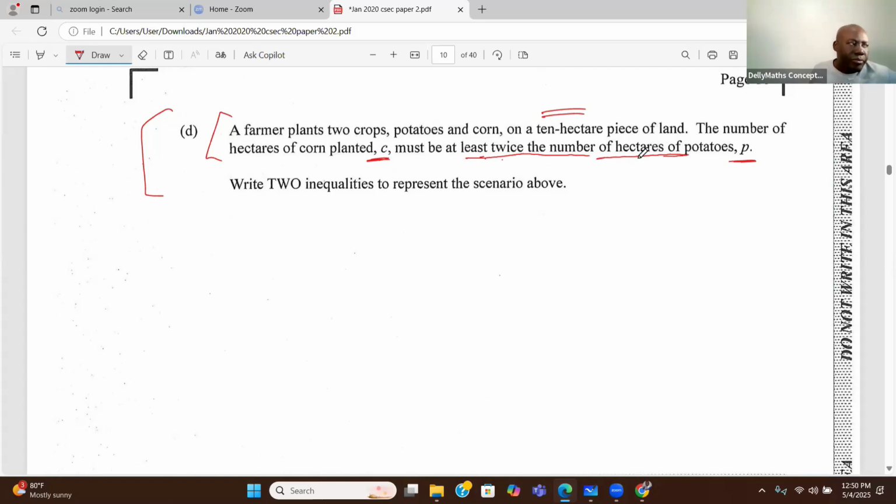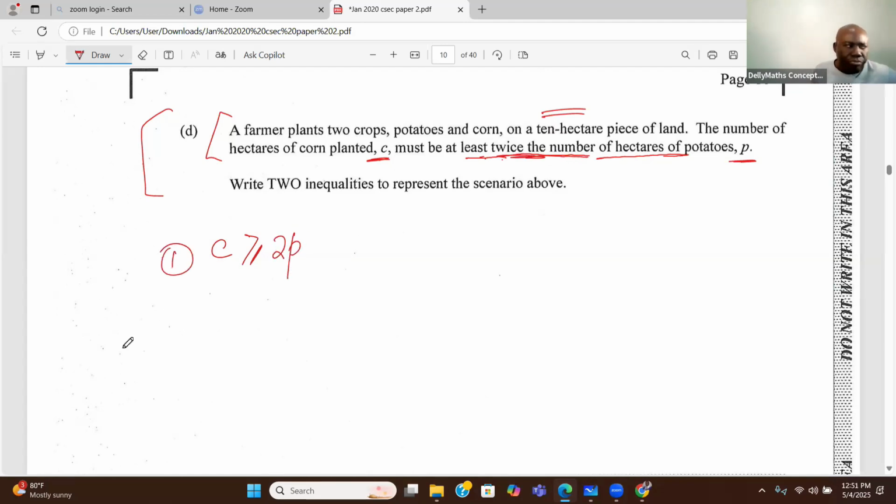All right. So corn must be at least. And when you say at least, you are greater or equal. This is what we just did in class. Greater than or equal to twice the potato. Done.